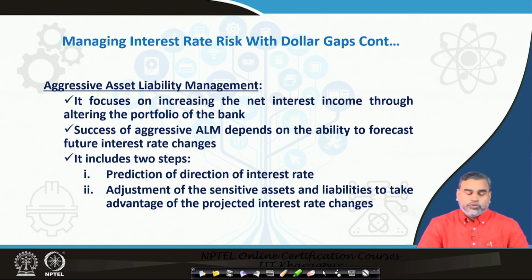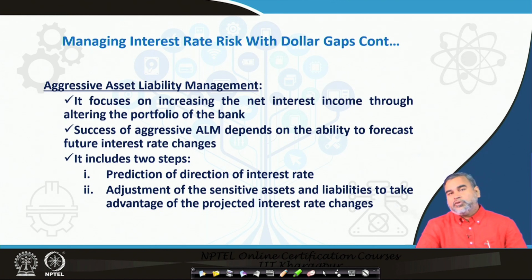So, it has two steps: first, the prediction of the direction of interest rate; second, the adjustment of the sensitive assets and liabilities to take advantage of the projected interest rate changes. If they know the direction of change beforehand, and the interest rate is going to increase, they can increase more rate sensitive assets.